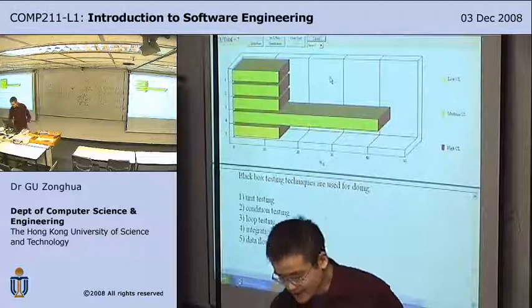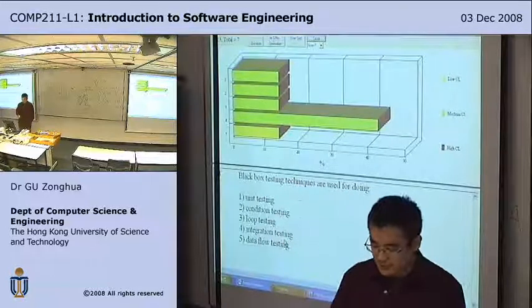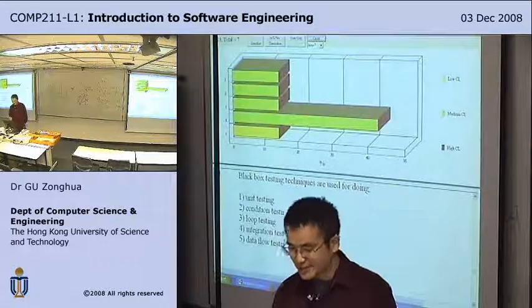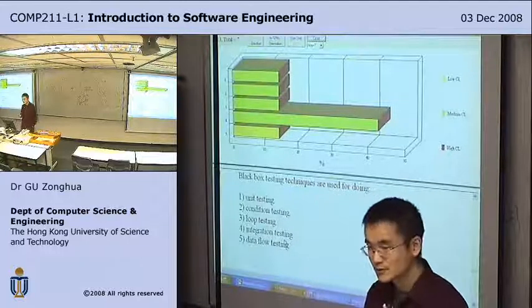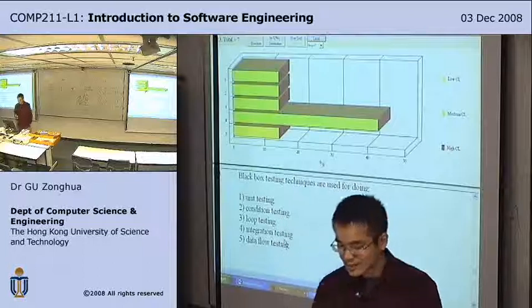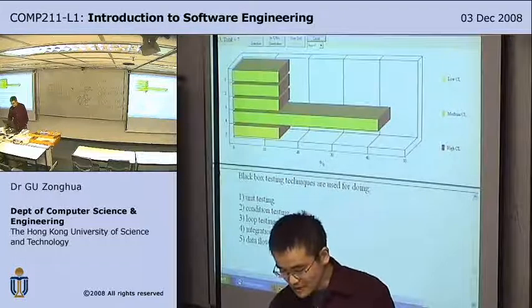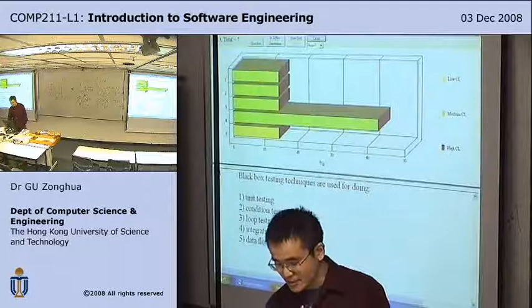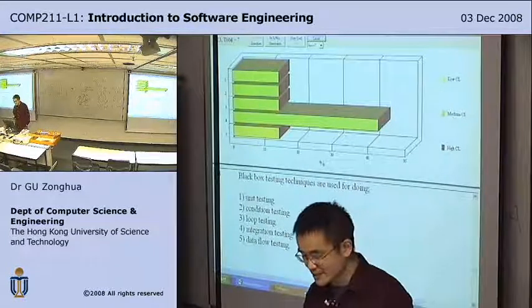All the others, like the data flow testing, loop testing, condition testing, these are different types of white box testing, if you recall, right? So white box testing consists of basis path testing and condition testing, loop testing, and data flow testing. So unit testing is typically done with white box testing.